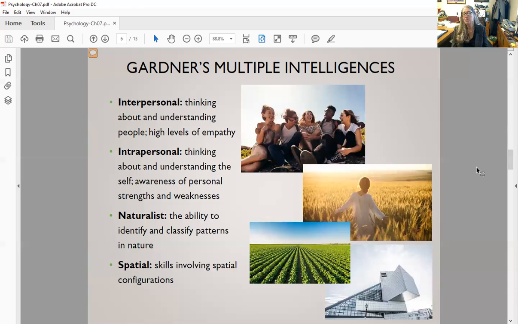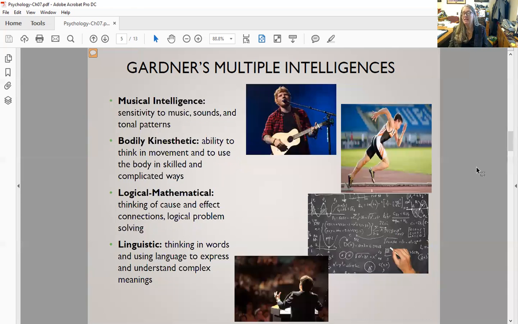So Gardner's multiple intelligence identifies these 8 different kinds of intelligence and says that you can be intelligent in any or all of these at different levels. And again, most of us in psychology now like to think of these as, yes, there's some aptitude that you're born with in each of these, but a lot of these you can grow in and get good at by trying and doing it.